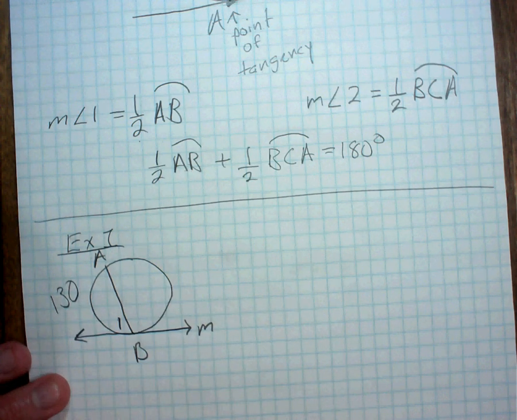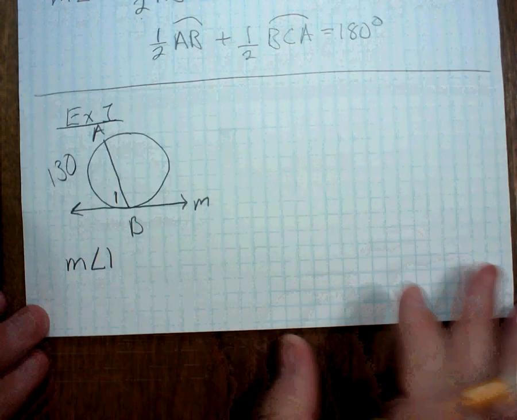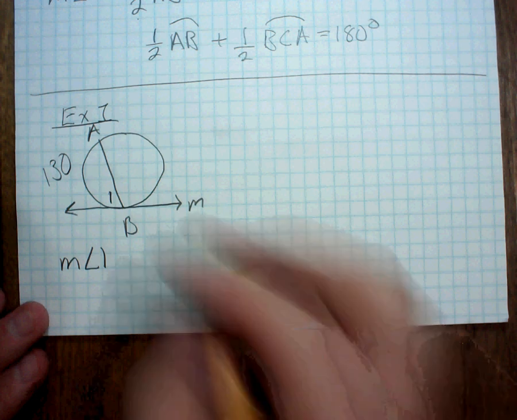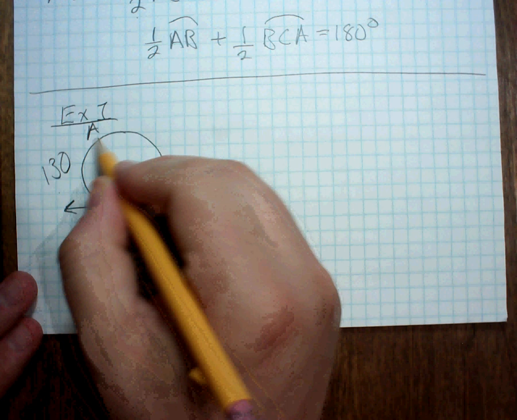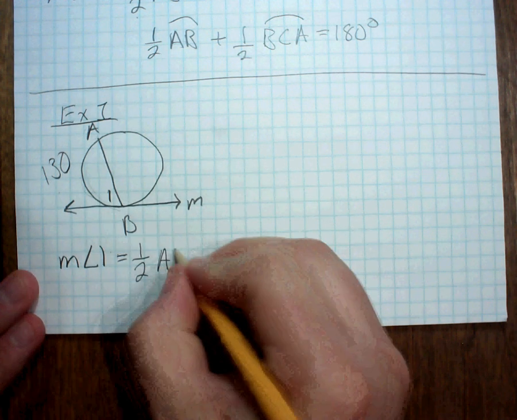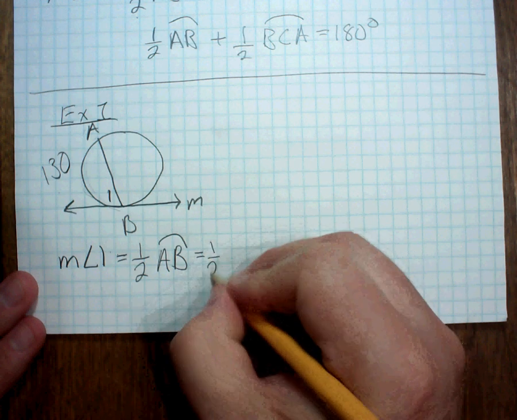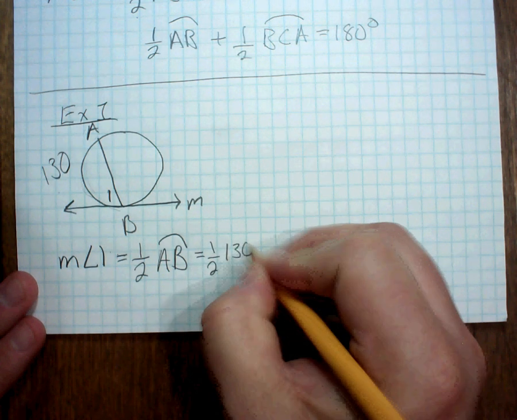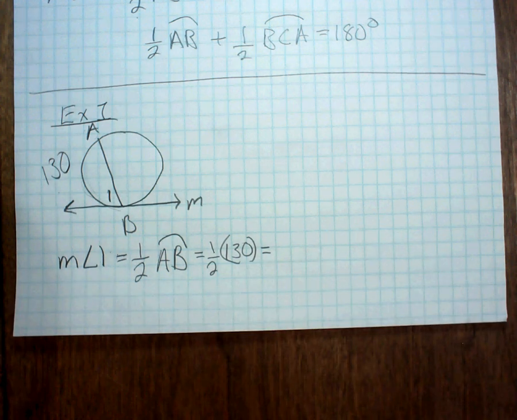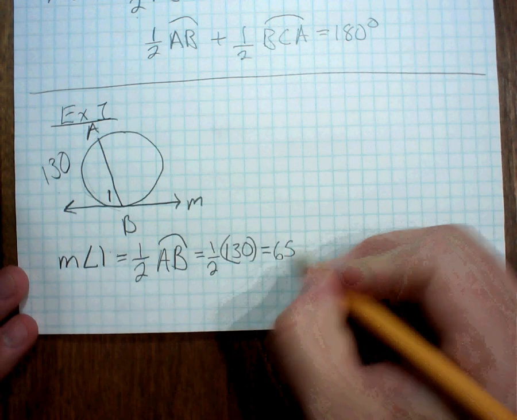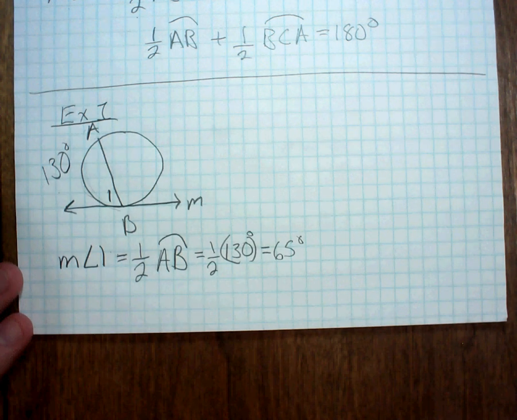And so they want us to find the measure of angle 1. Okay, so to find the measure of angle 1, remember that's equal to 1/2 of the corresponding arc. So that would be AB. Well, AB is 130, so it's 1/2 of 130, which is equal to 65 degrees. Okay? So that was pretty easy.